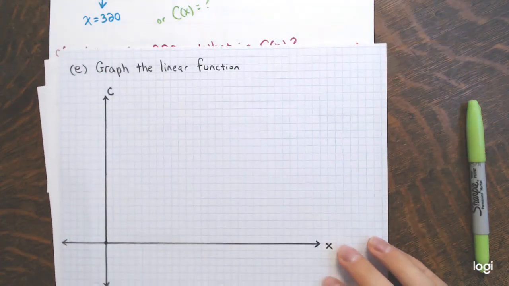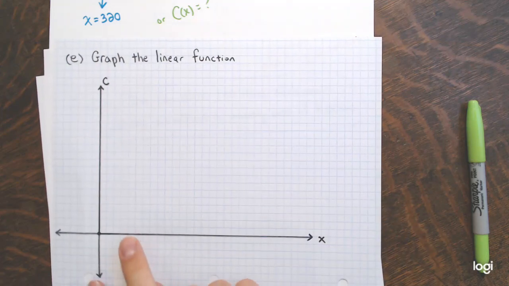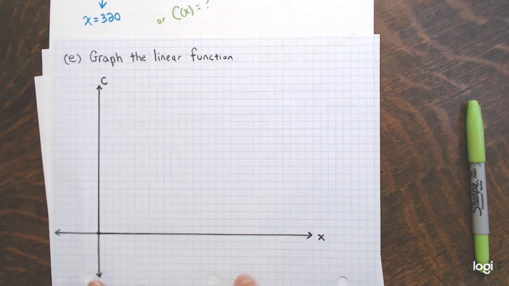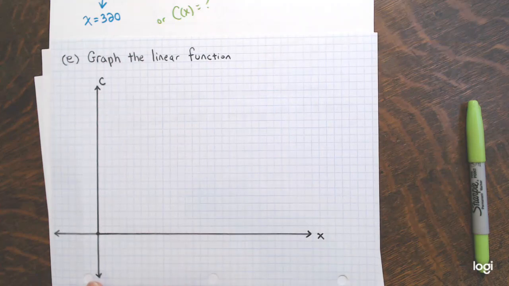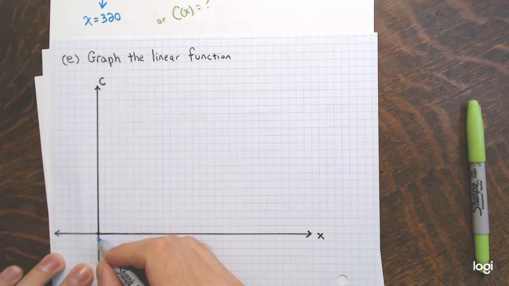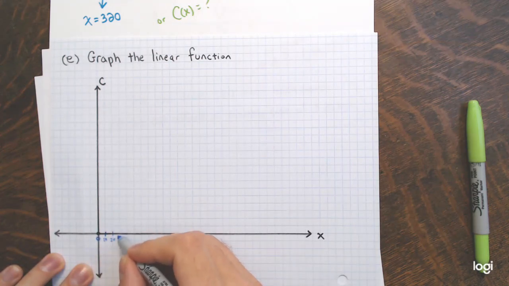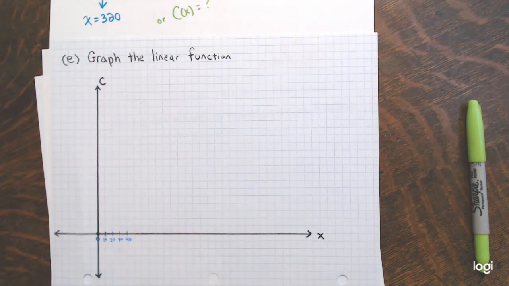So I'm going to have the squares on the x-axis just represent 10 miles each. Okay, so there's 0 miles, right? And then 10, 20 miles, 30 miles, 40, and so on.